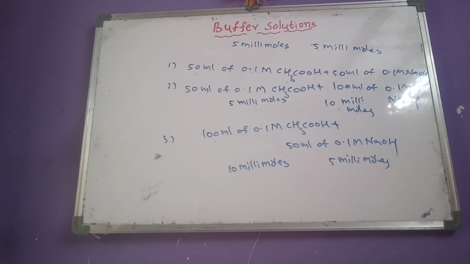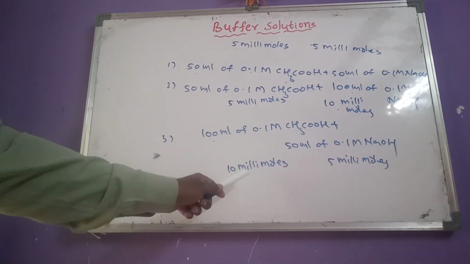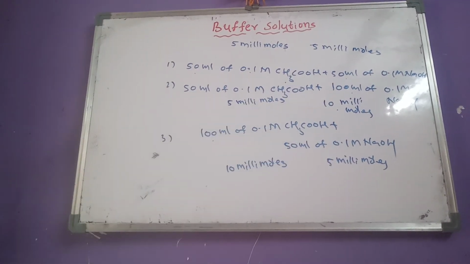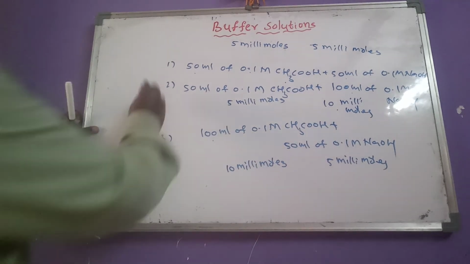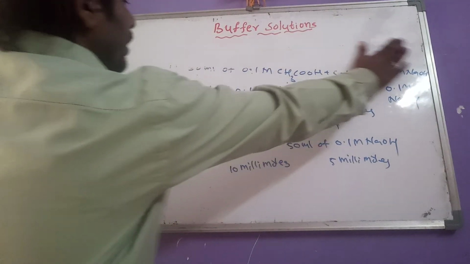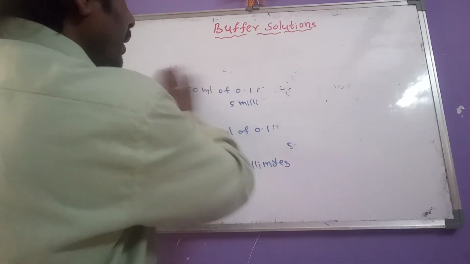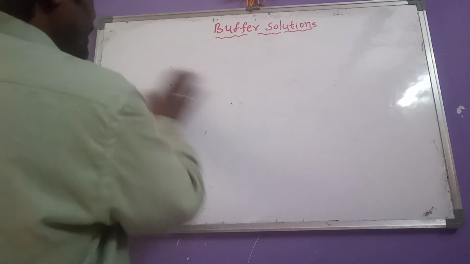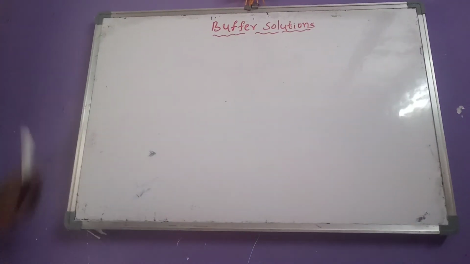For the formation of acetate buffer or acidic buffer, the weak acid should be in excess amount than that of the strong base. So in this third option, there is a possibility for the formation of an acidic buffer.